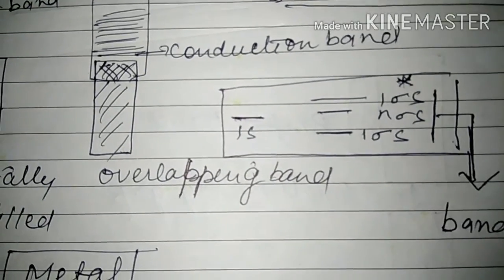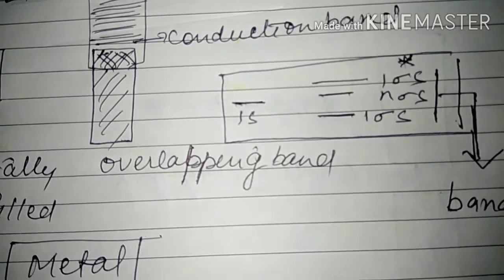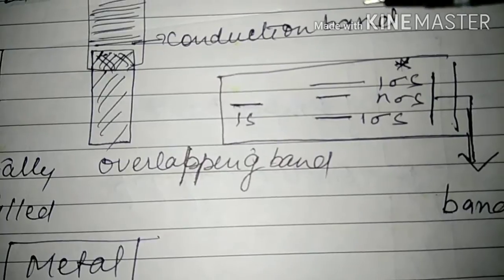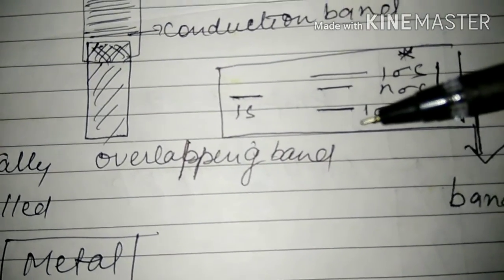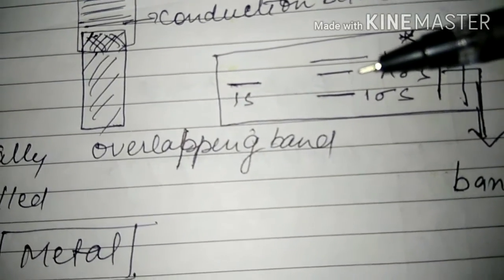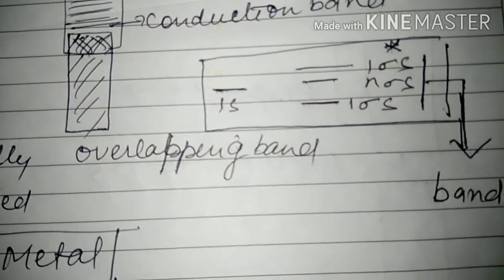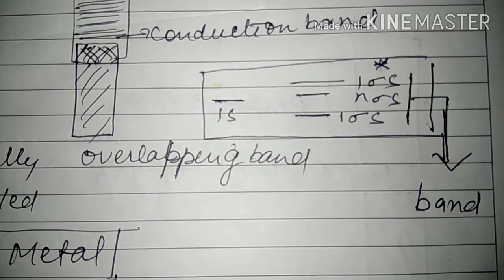In metal, remember that suppose we take 1s orbitals, they form three types of orbitals. First one is a bonding molecular orbital, second is anti-bonding, and third one is non-bonding. All three make a band.